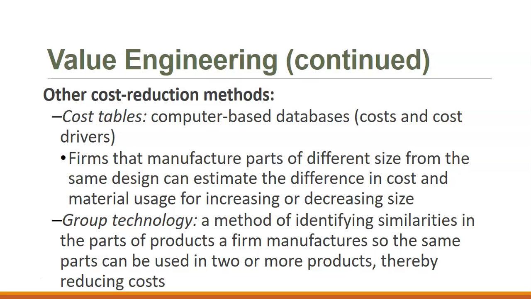Other cost reduction methods that we have are looking at cost tables. So computer-based databases, looking at costs and cost drivers. So when we manufacture parts of different size and design, we can estimate the difference in cost and material usage for increasing or decreasing size.